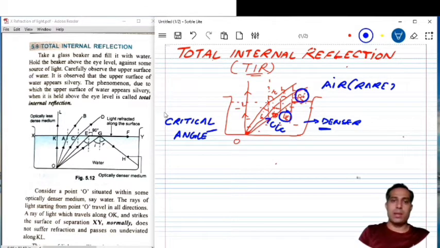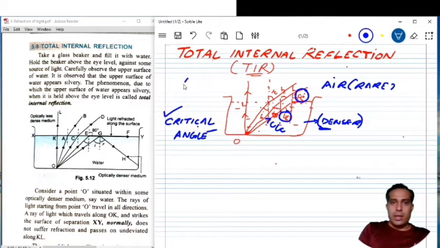What is the critical angle? Critical angle is the angle of incidence in the denser medium, water, corresponding to which the angle of refraction in the rarer medium is 90 degrees.